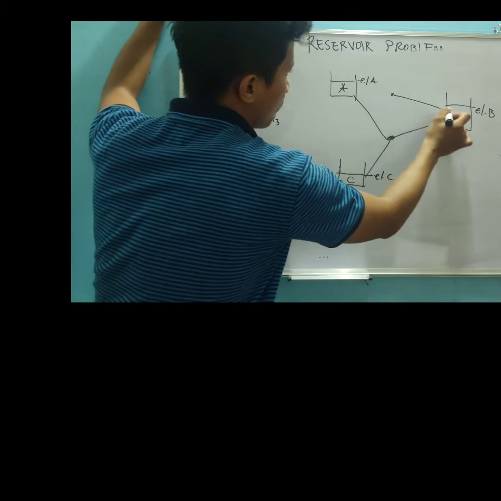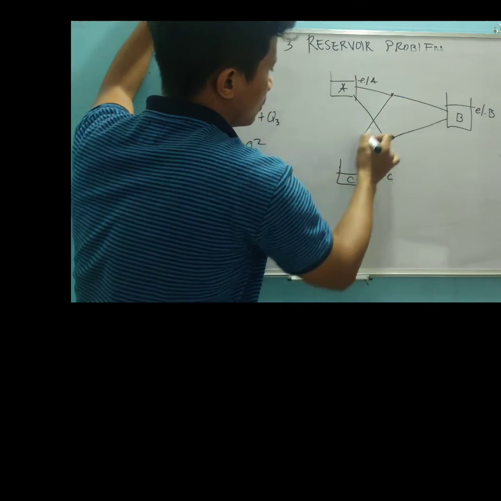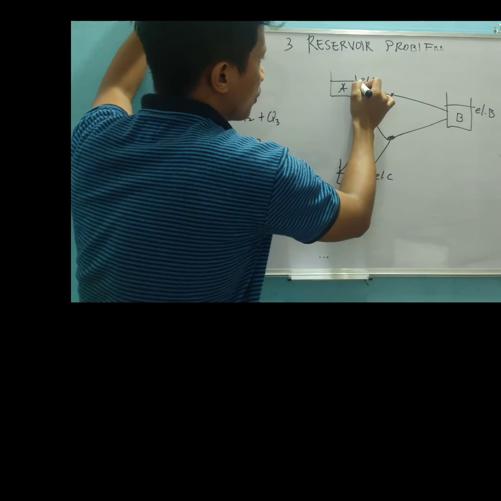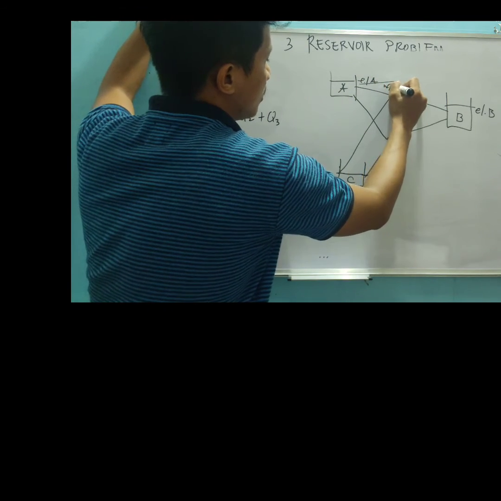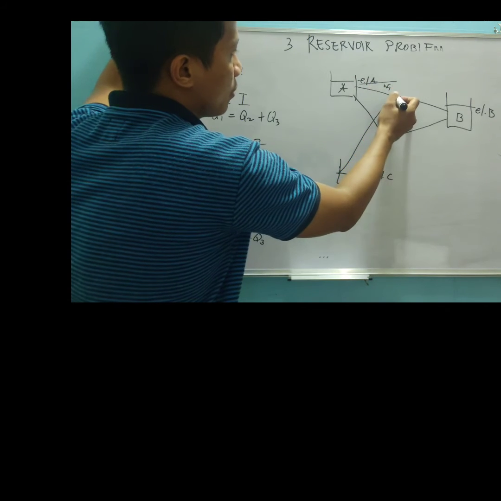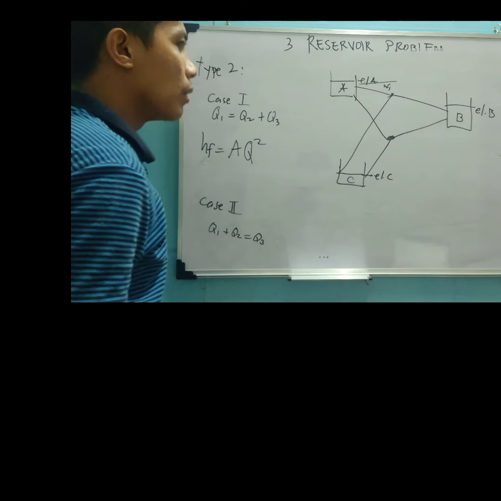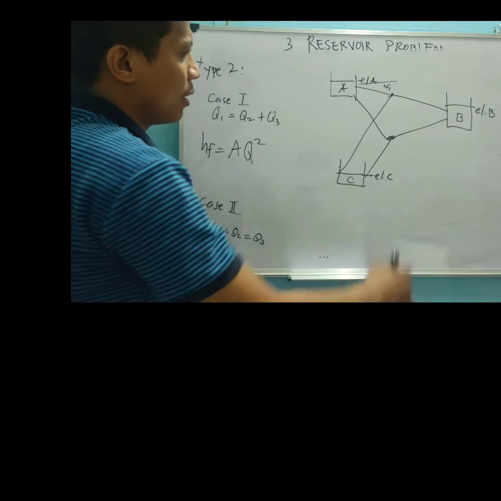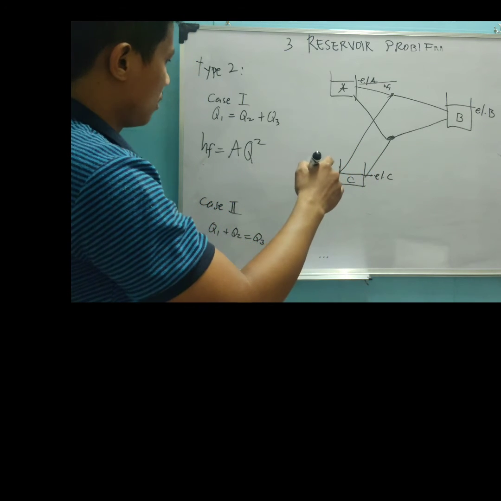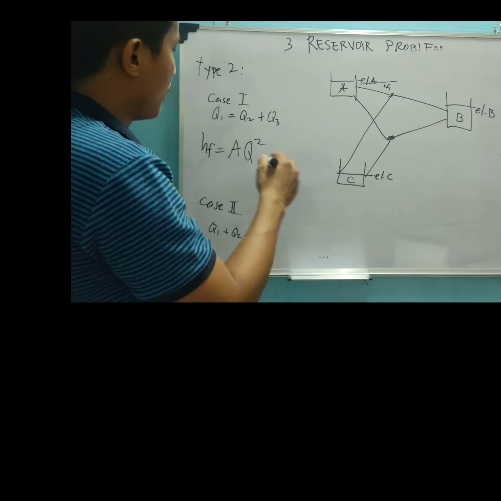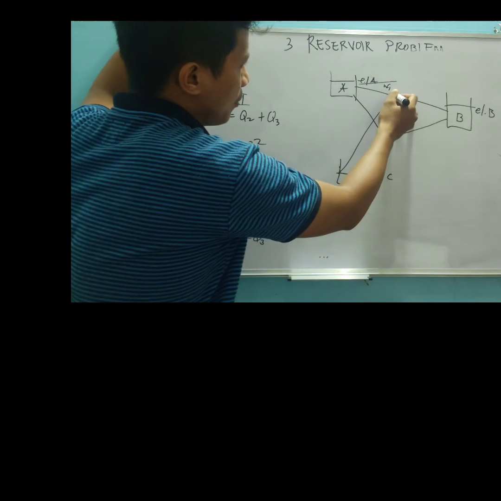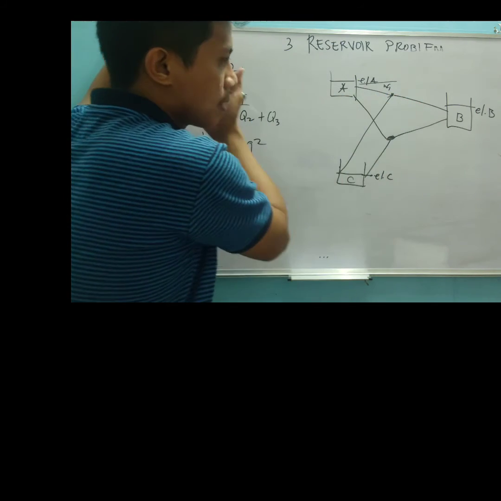Let's say ganyan yung nangyari for case 1. So, ang head loss niya for HF1 equals elevation A minus, minus yung papalagay mo na X.